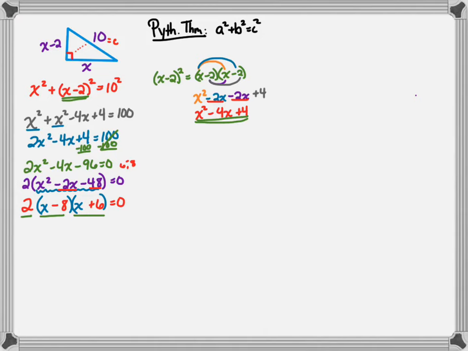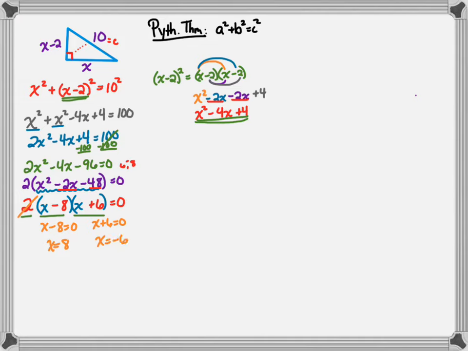So basically I have 3 numbers that I'm going to multiply together to be 0. So if you're going to multiply 3 numbers and get 0, one of those has to be 0. Well, the 2 cannot be 0, so we just kind of throw it out. If you let x minus 8 equal 0, then that'll give you x equals 8. So there's one solution. If you let x plus 6 equal 0, that gives you x equals negative 6.